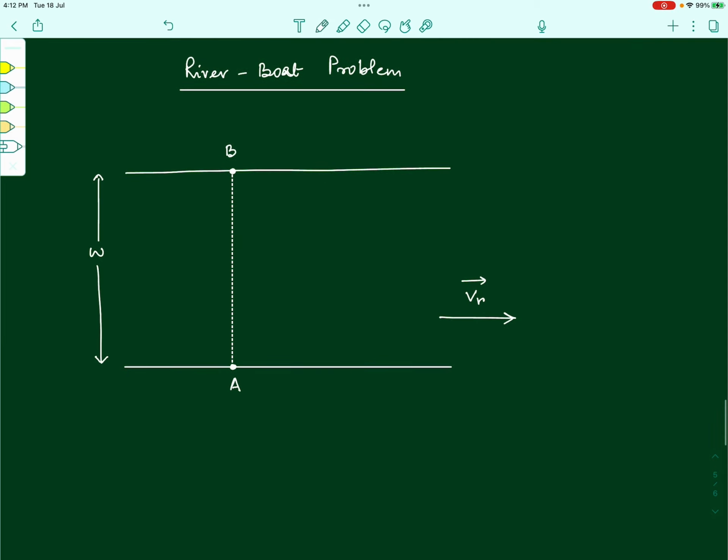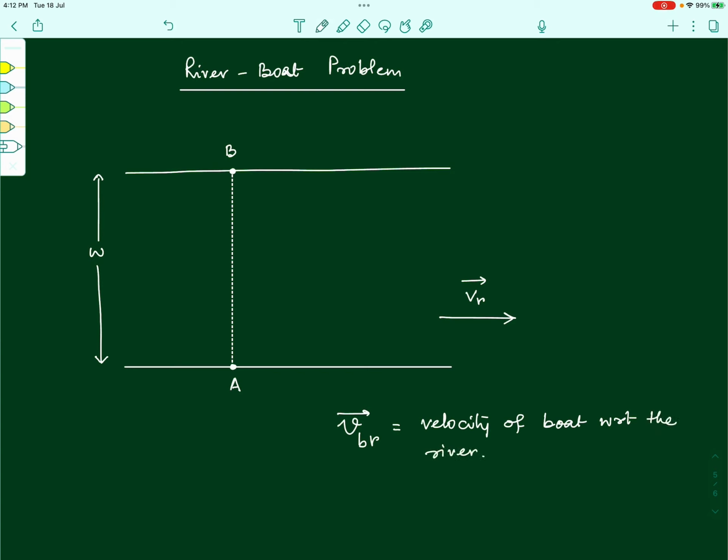In fact, there are certain terms that we study over here. You should understand them very well. What is the nature of those terms? There is one term that we call the boat's velocity with respect to the river, VBR. This is the velocity of the boat with respect to the river.